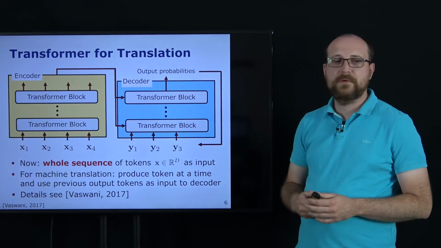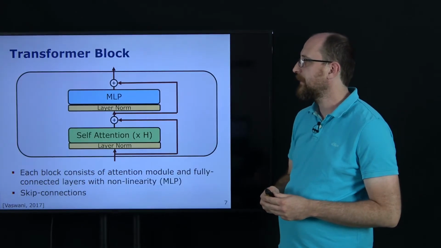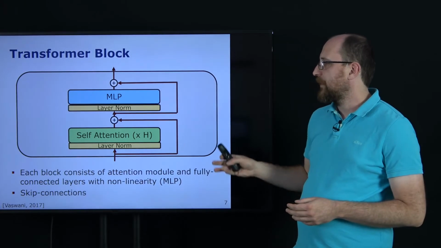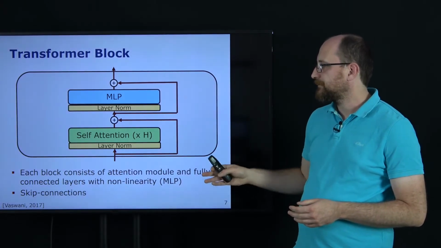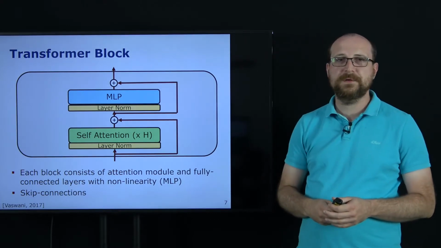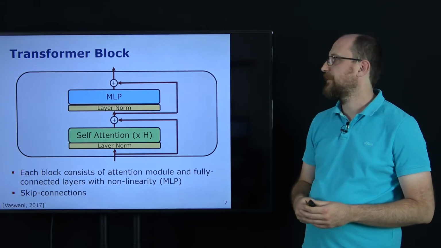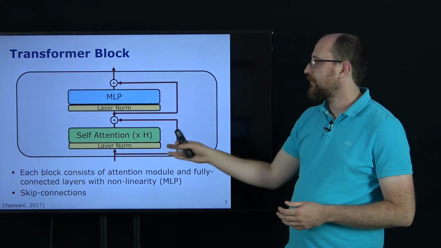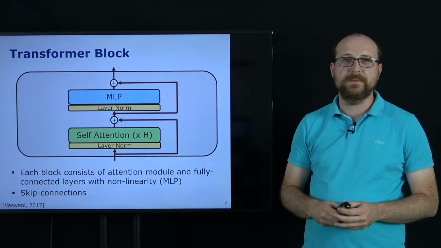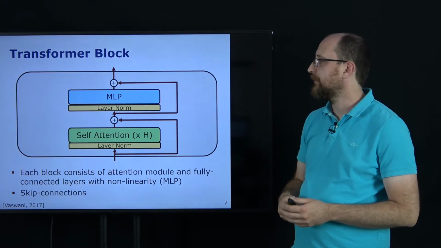So now let's look at how the transformer block is actually implemented. The transformer block has basically two parts. Here you can see that we have some normalization layers in between, in this case layer norm, which is very similar to batch normalization. This ensures that we can have very deep architectures without vanishing or exploding gradients.